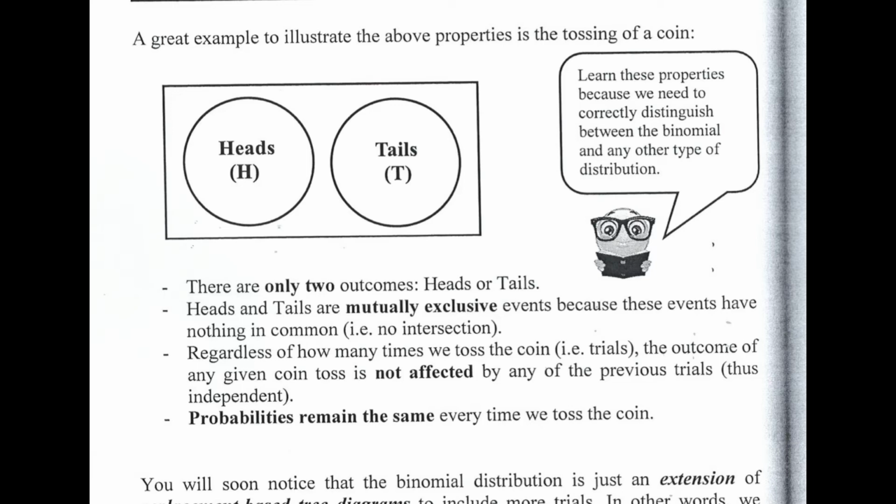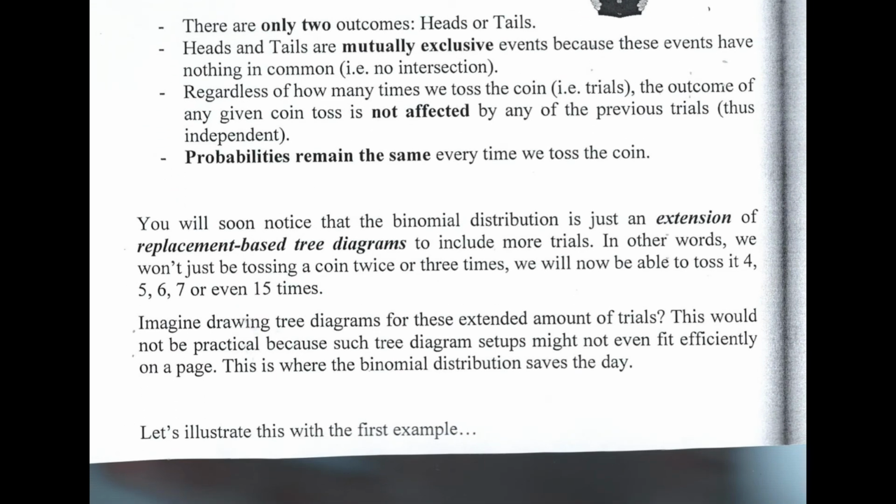All right, and at the bottom of the page, you'll soon notice that the binomial distribution is an extension of replacement-based tree diagrams. Why replacement-based? Because once you replace whatever it is that you've chosen, then the probabilities remain unchanged.